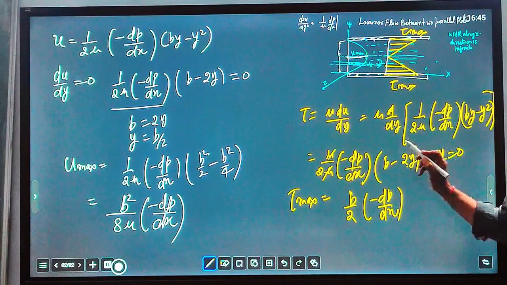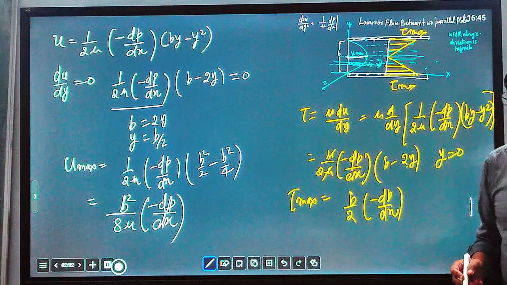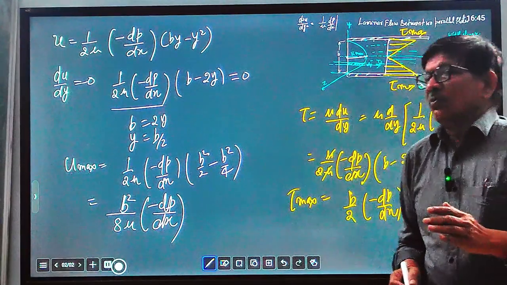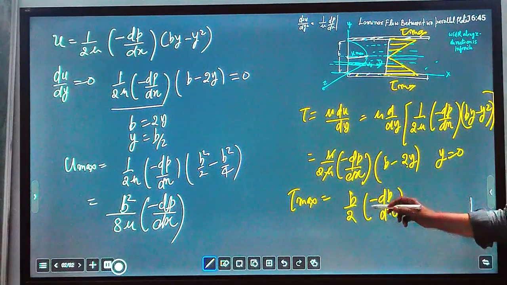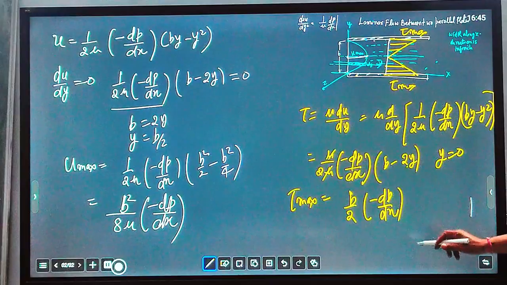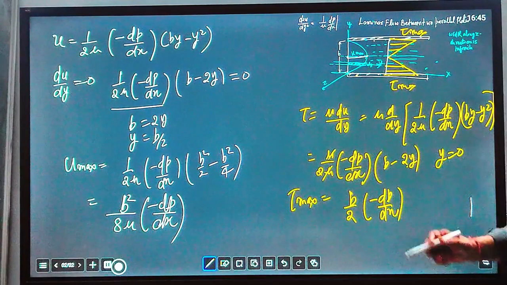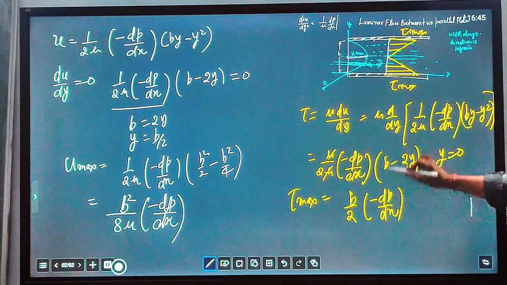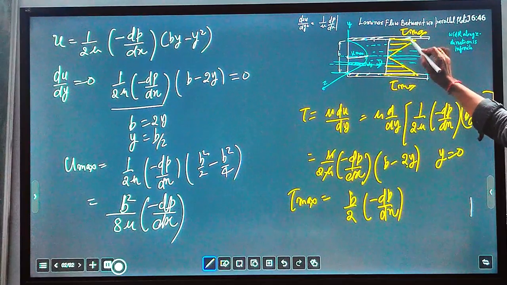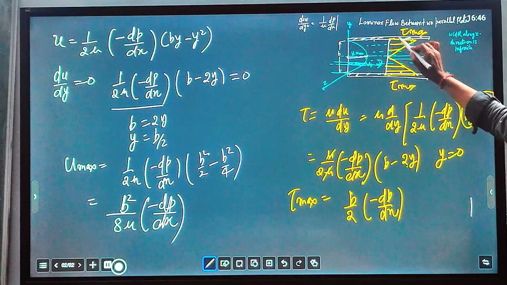Putting y equal to b you get a minus value, but the magnitude of this shear stress will be the same, b by 2 times minus dp by dx. This is the maximum value of the shear stress, at y equal to 0 or y equal to b.